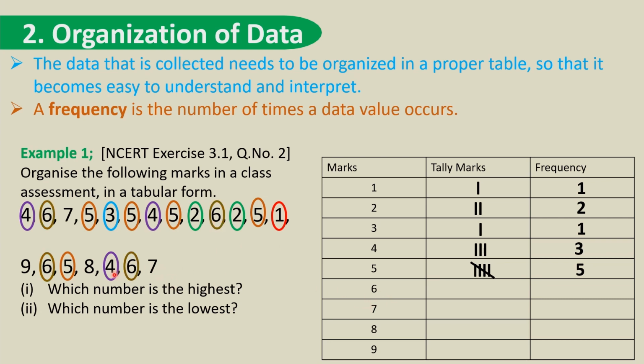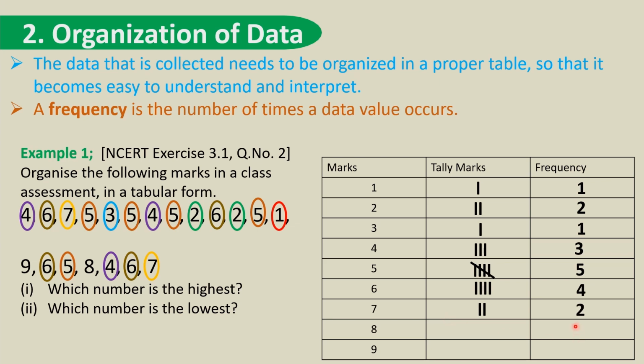Next, how many students secured 6 marks? 1, 2, 3 and 4. 4 students. So the tally mark is 4 and the corresponding number is 4. Next, how many students secured 7 marks? 1 and 2. So 2 students, am I right? So the tally mark is 2 and the number is 2.